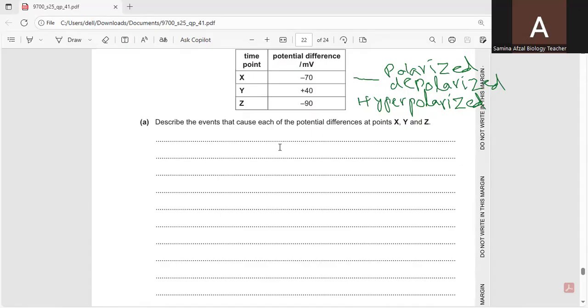So I would like to write all this explanation which I have told you.